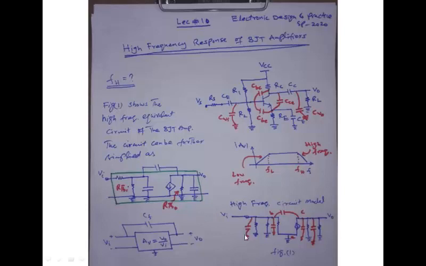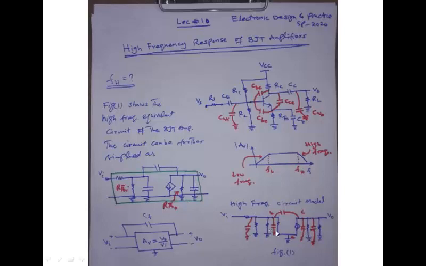Then we can further simplify this, as we can see these two capacitors are in parallel. This capacitor is CWI and this capacitor is CBE. So these two are in parallel, so they can just be summed to form an equivalent capacitance at the input side, and these two capacitors are also in parallel, so they can be added to form a single capacitance at the output side.